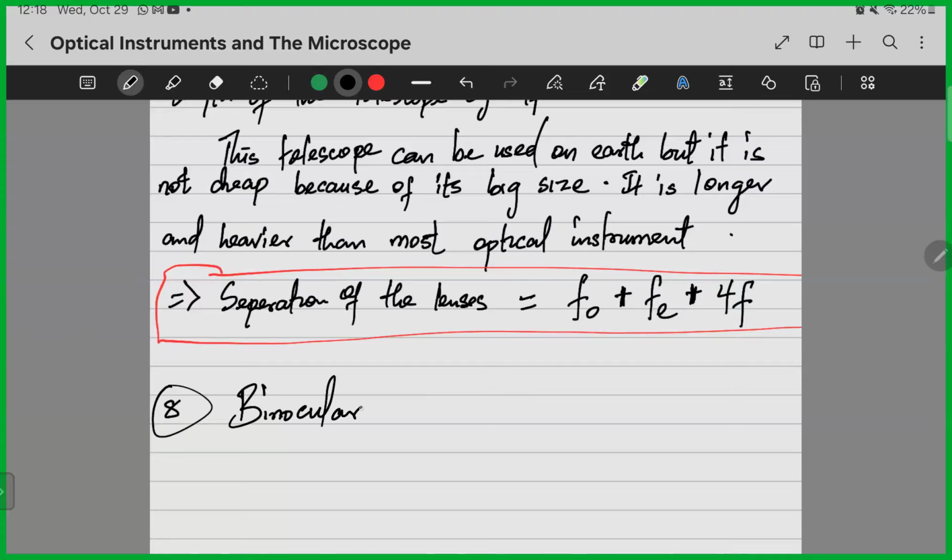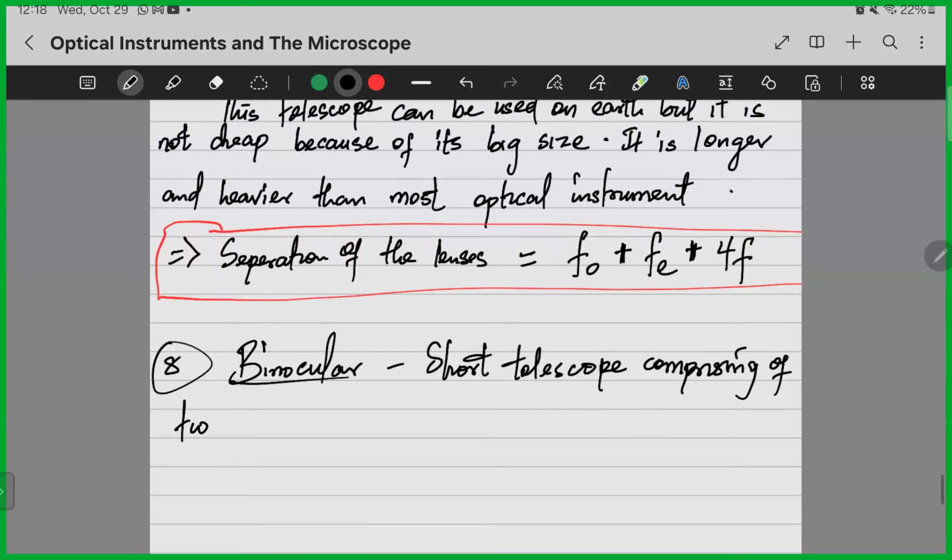The binocular is a short telescope comprising of two astronomical telescopes. So the binocular is made up of two astronomical telescopes.